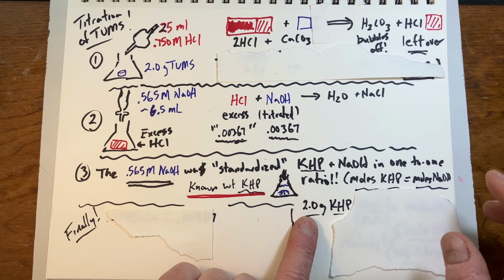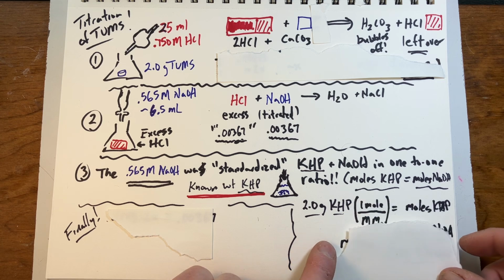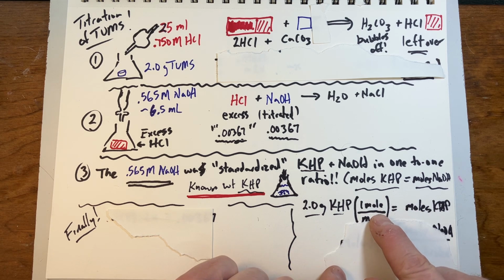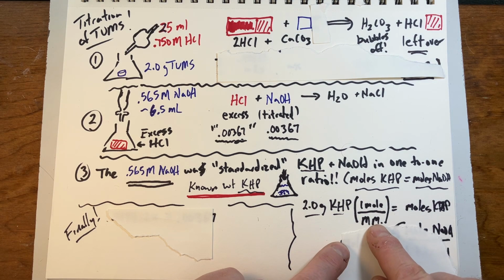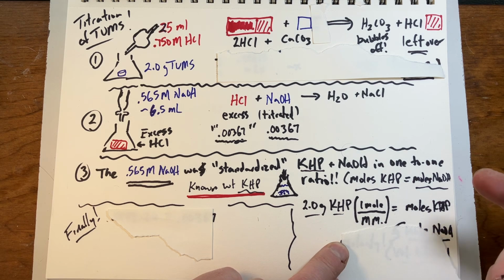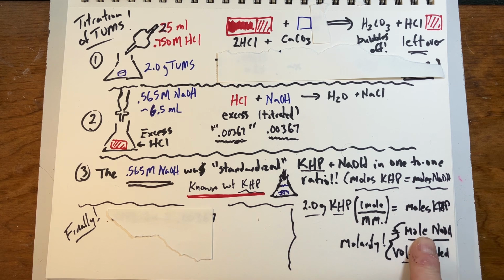I'm going to take that to moles. How do I do that? I divide by the molar mass of KHP. For 1 mole of KHP, it's about 204 grams, and you would put that on the bottom and divide 2 by that. Once you get that, you know that the moles of KHP is equal to the moles of NaOH.